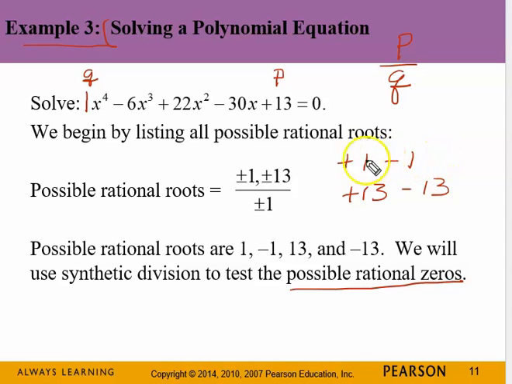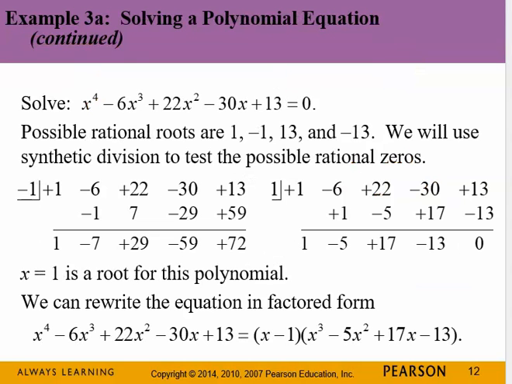So how do we see which one would work? And if you said, let's use synthetic division, that's exactly where we're going. So setting it up for synthetic division, remember there's a 1 there. So our plus 1, minus 6, plus 22, minus 30, plus 13.